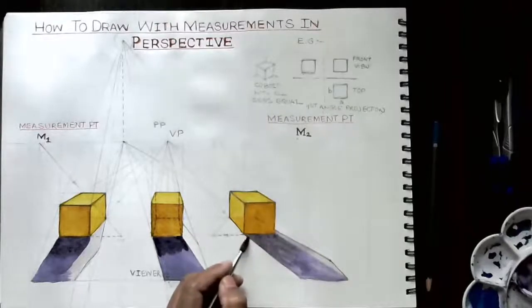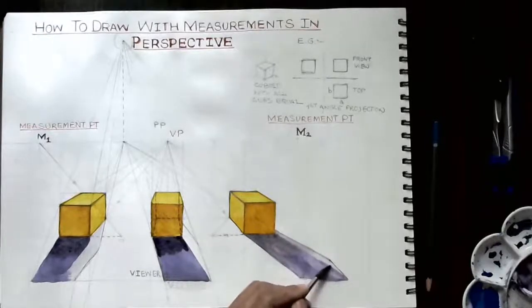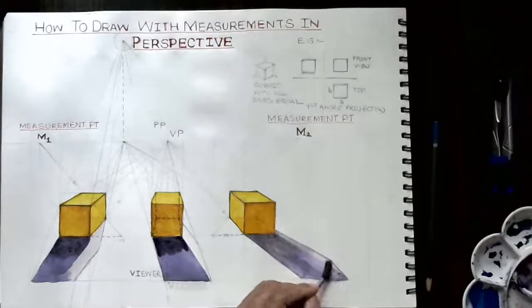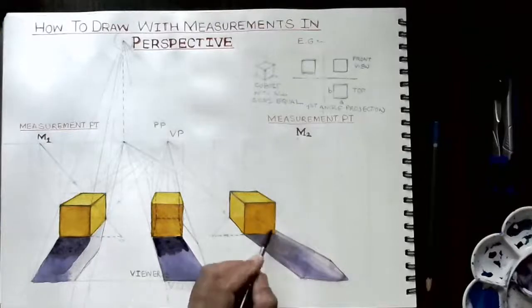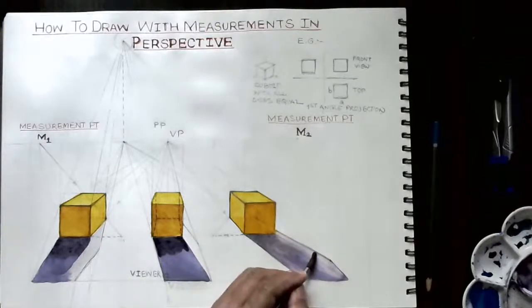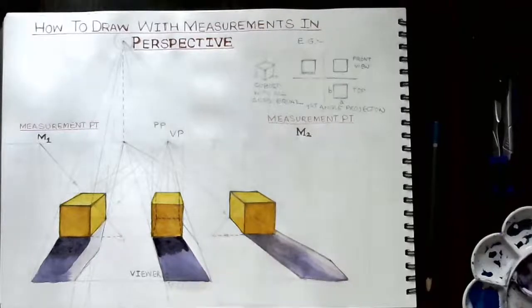So I hope you have understood this topic on how to first of all draw, and then, with respect to where the light source is, how to draw the shadows. I mean, what should be the length of the shadows?